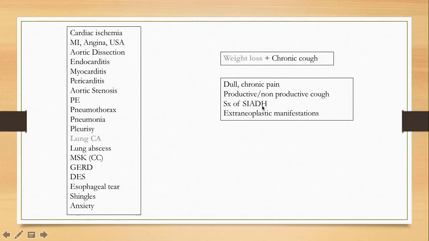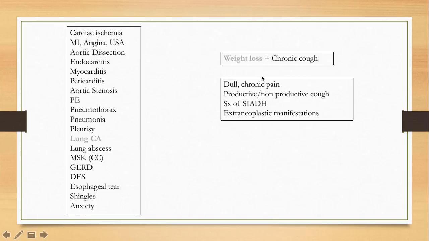For example, they may have SIADH, so they basically present with symptoms like dizziness and confusion and all that. They may have some other extraneoplastic manifestations. For example, they may come in with Horner syndrome or some paralysis. Those are just more complicated scenarios, so you are probably not going to see them very much, especially at this level.